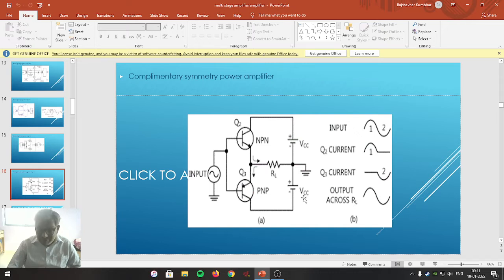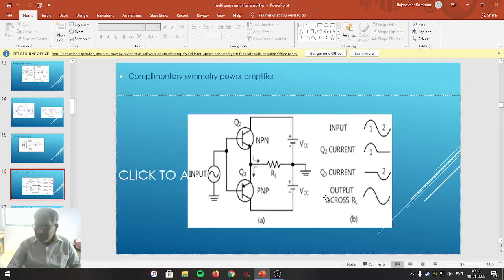Meaning, both the transformers are avoided, and no transformers are used for input as well as at the output.